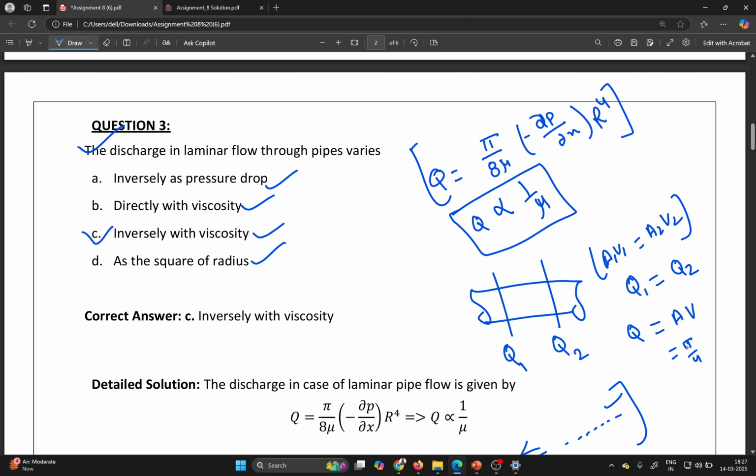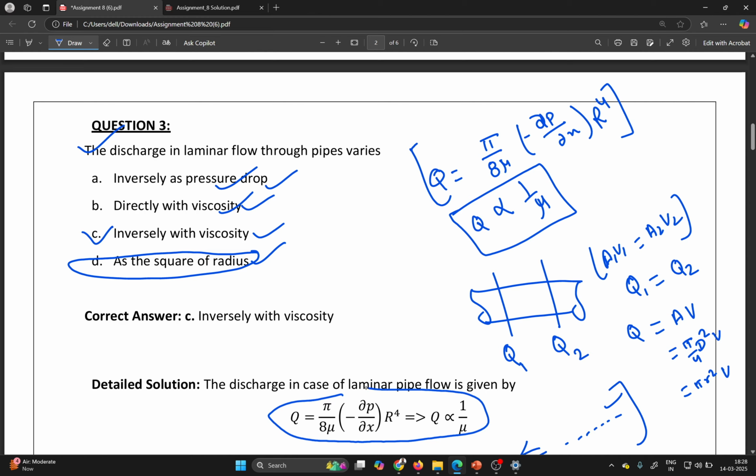So here pi by 4 d square and V, or pi r square V you can also write. I think here a term is missing, as directly proportional to r square. I think due to this reason option D is not correct. If you look at all three options, you need one relation between the pressure drop, the discharge and viscosity.